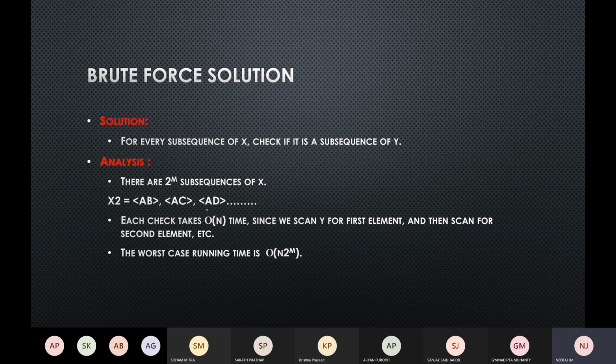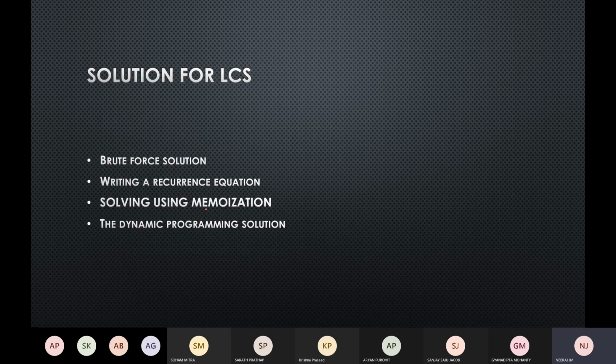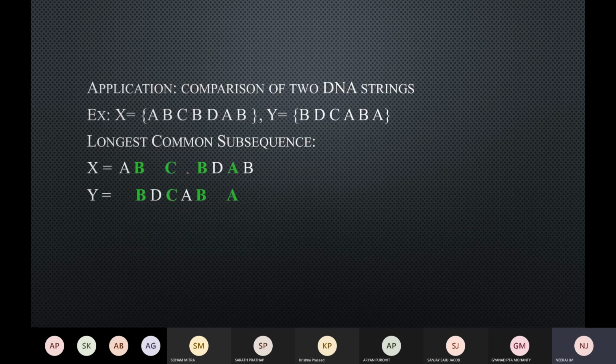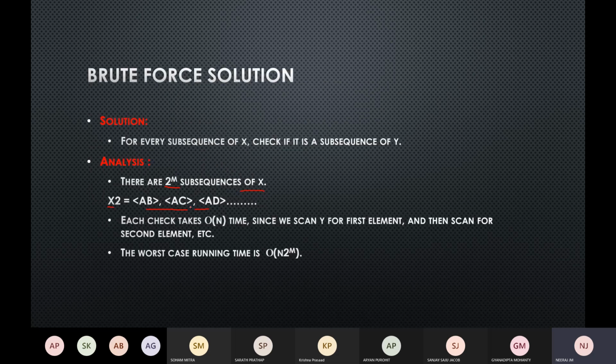So what is brute force solution? Take X and Y. For every subsequence in X, check if there's a subsequence in Y. And what is the time complexity of this? If there are 2 power m subsequences of X, that is if you have A, B, A, C, whatever example which I've given, right? So A, B, A, C, A, D, it keeps going on. There, you have to take n search time.